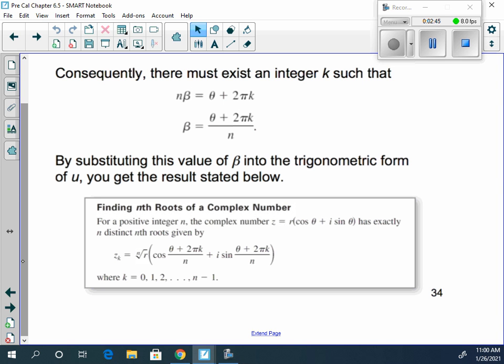And this here will find any root of any complex number.